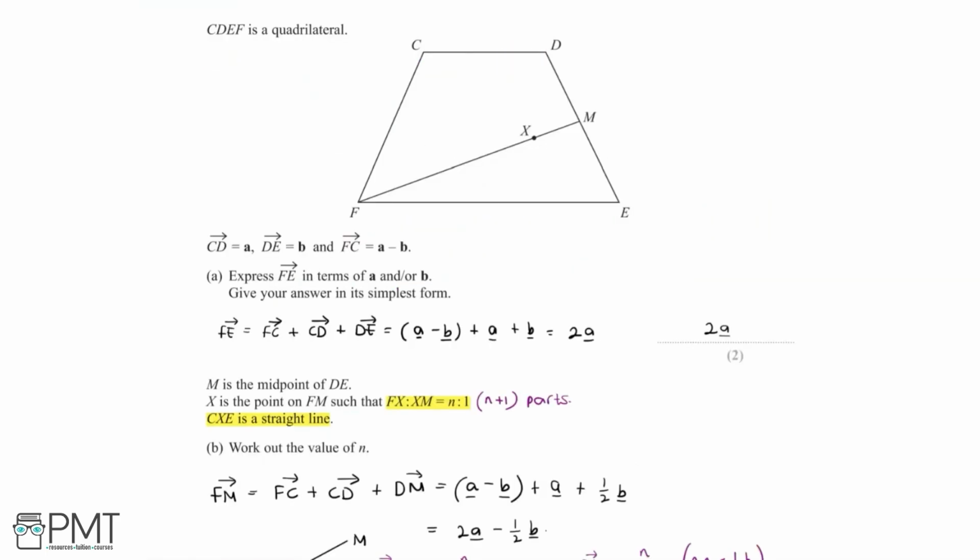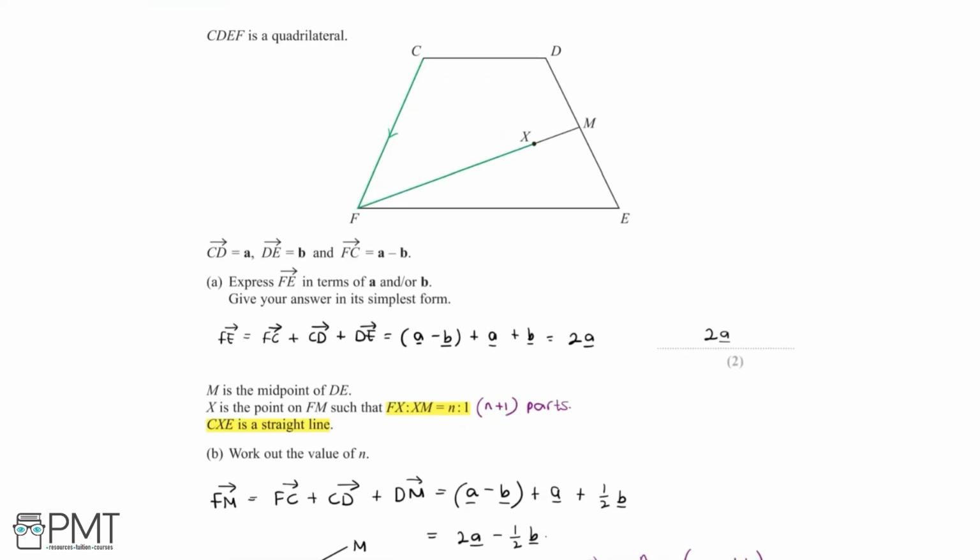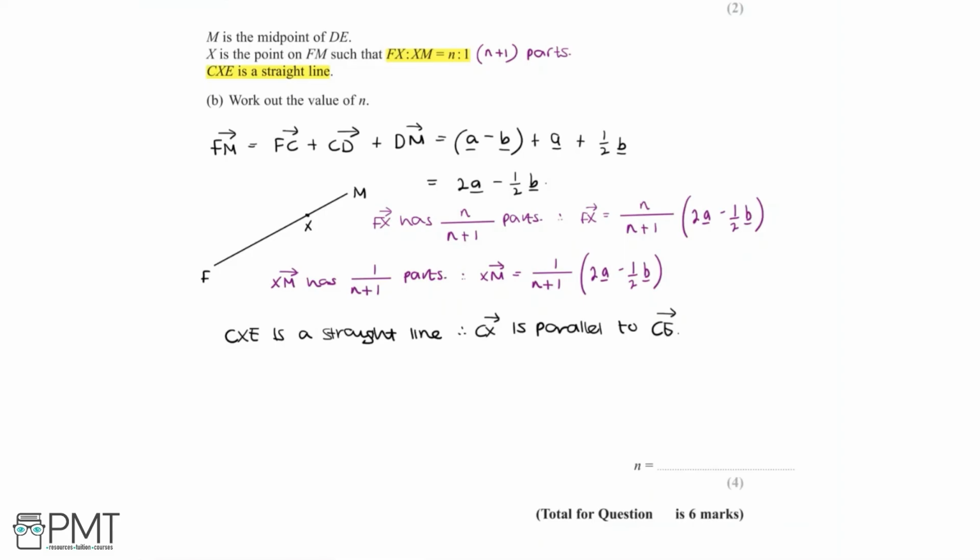To get from C to X, we can start by going from C to F. And then we can go from F to X. And so we can say that the vector CX is equal to CF plus the vector FX. We're told that FC is equal to a minus b, and so CF would be the negative of this. And so CF is equal to minus brackets a minus b.